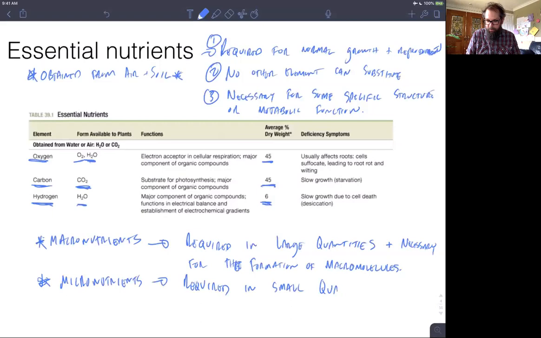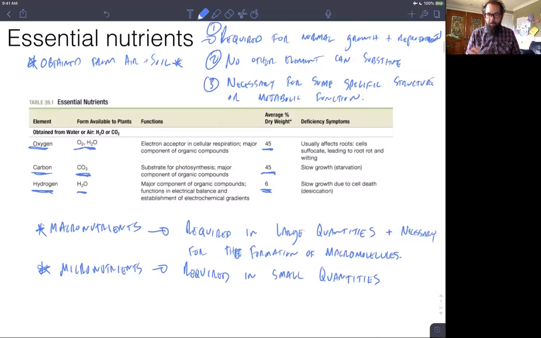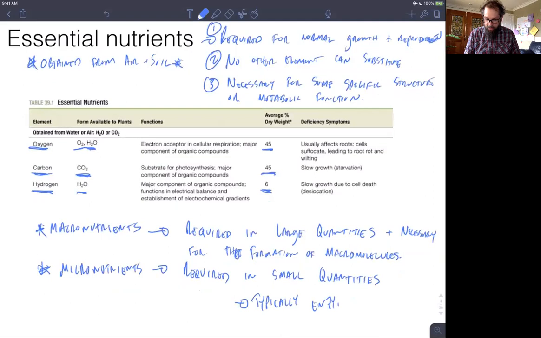And typically, these are nutrients that are used as enzyme cofactors and part of different metabolic processes in the plant. So not the formation of these macromolecules like we see for macronutrients.